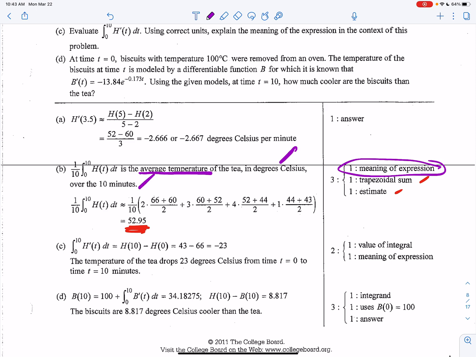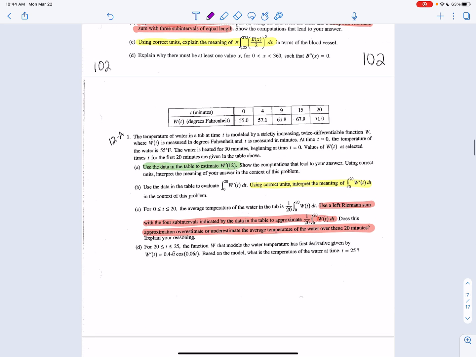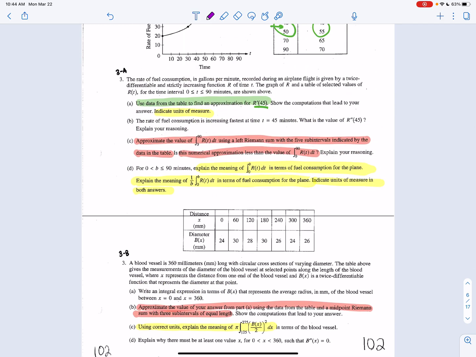So I said t equals 0 to t equals 10 minutes. But if you just say the average temperature without indicating units, you won't get that point. So this one does take a lot of precision to earn that point, but that's not to say that you can't earn it. Okay? Try the next few. Everyone is a little bit different. But that's where you guys come in to explore there. Okay?